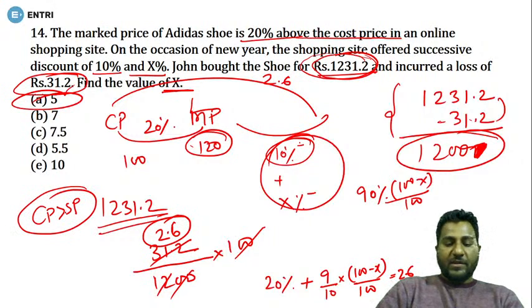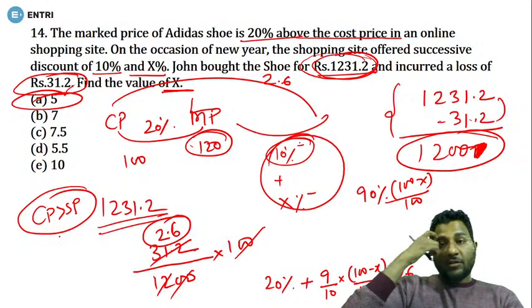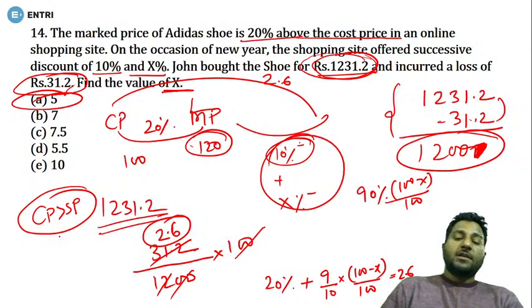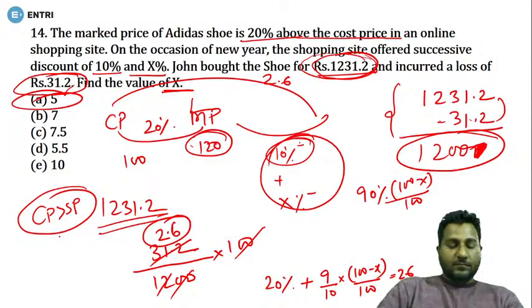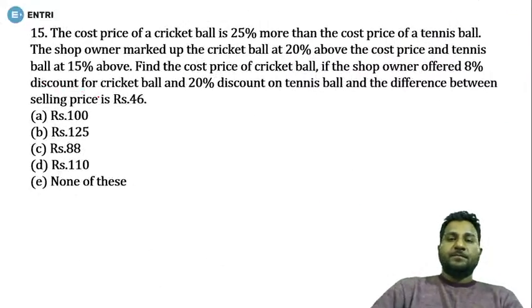Yes, Walar. If loss happens, you know why loss happens? Because your cost becomes greater than selling price. Okay, so 5% is the correct answer. Here comes the next question.